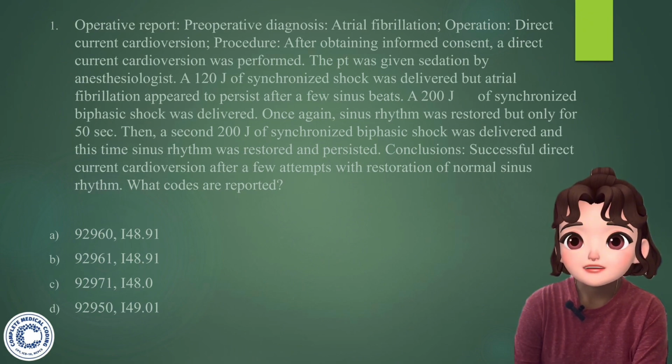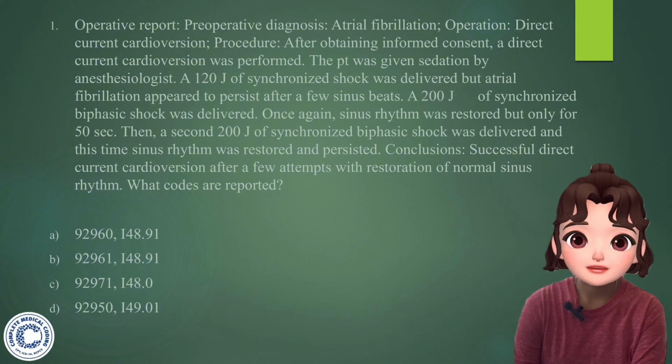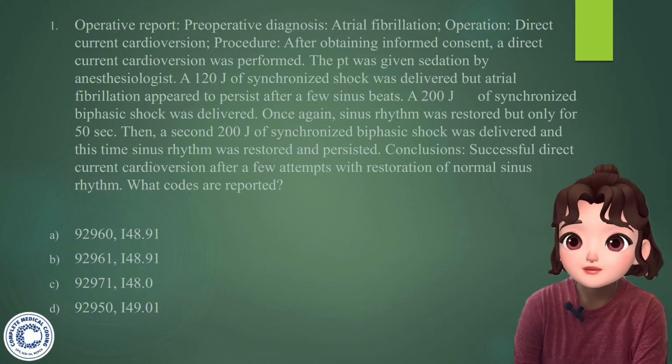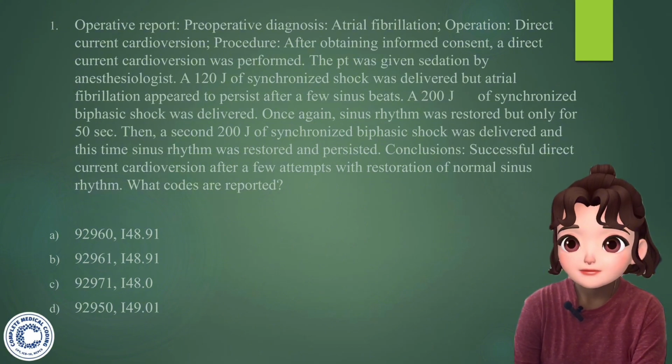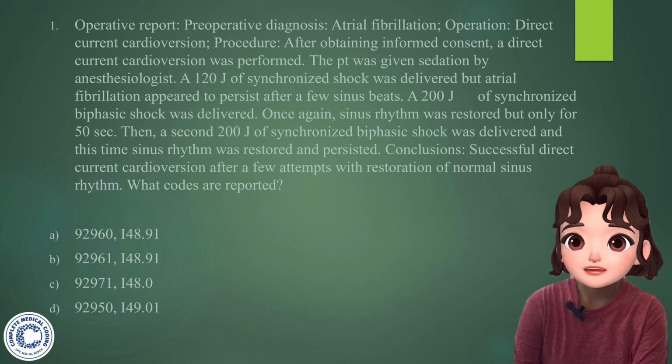Once again, sinus rhythm was restored, but only for 50 seconds. Then a second 200 joule synchronized biphasic shock was delivered, and this time sinus rhythm was restored and persisted. So that's the procedure. Now the conclusion: successful direct current cardioversion after a few attempts with restoration of normal sinus rhythm.